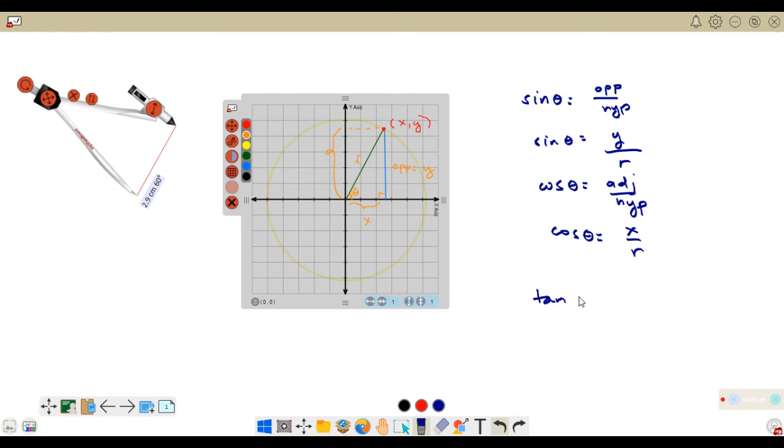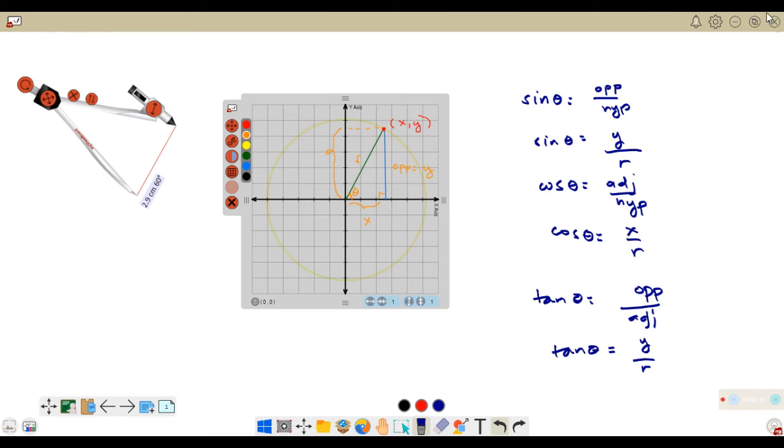And finally, for tangent theta, that is opposite over adjacent. Tangent theta will be equal to opposite niya is y and adjacent niya is x. So we have tangent theta is equal to y over x.